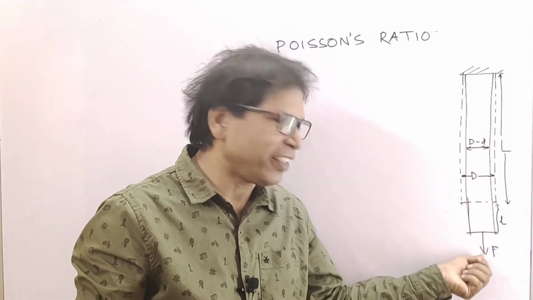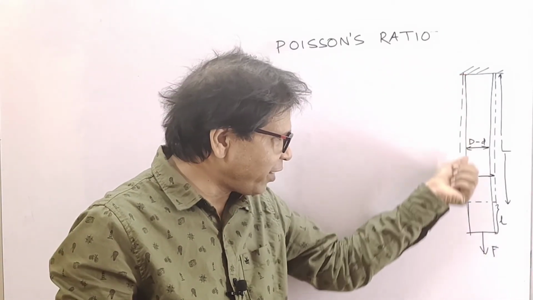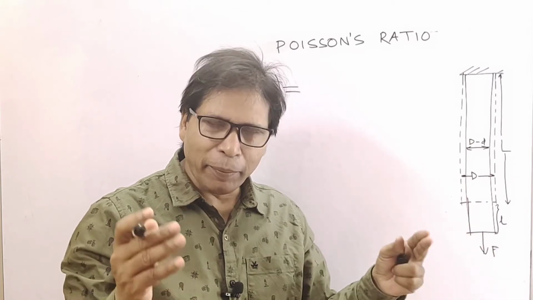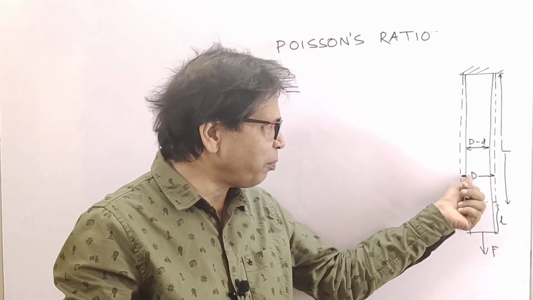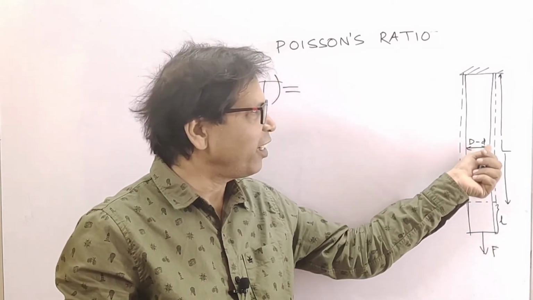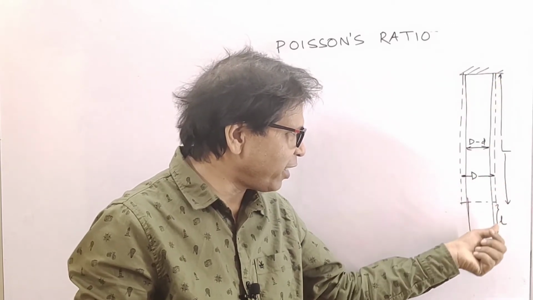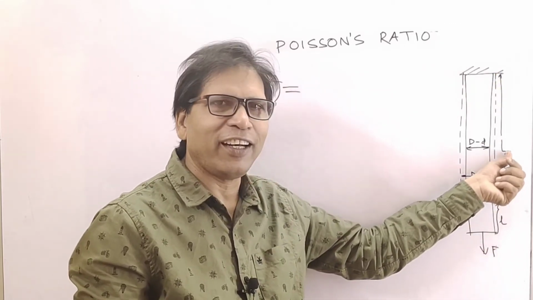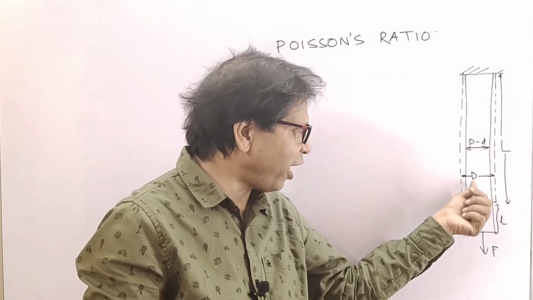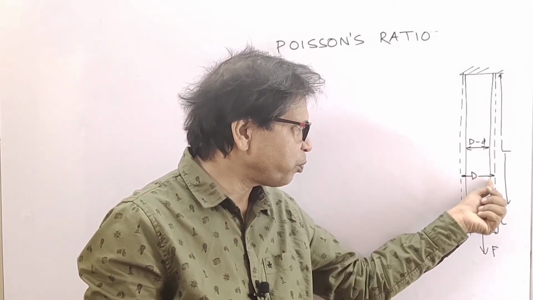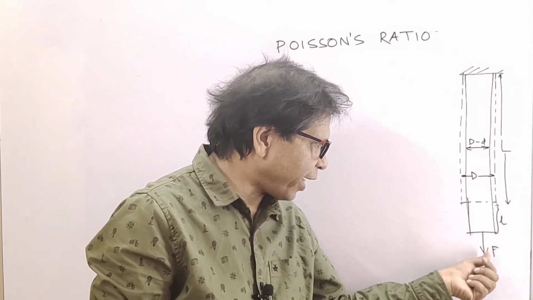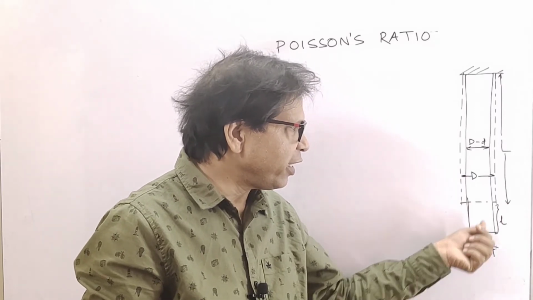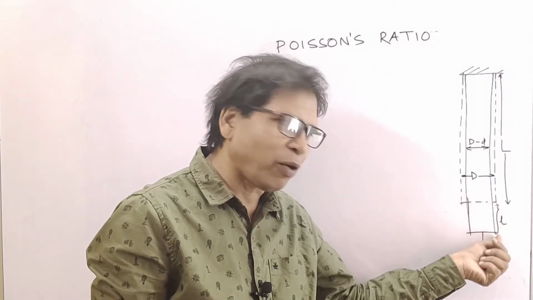When a wire is stretched, its length increases. Simultaneously, its diameter also decreases. Look at this. This wire has initial length capital L and initial diameter capital D. If a balancing force is acting on it, its length is increased by small l.